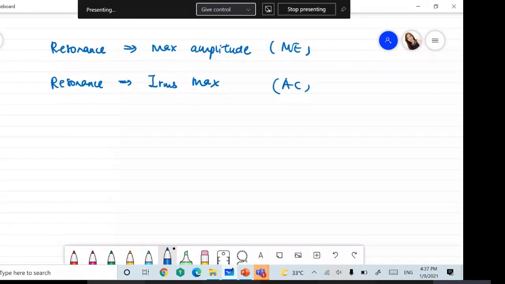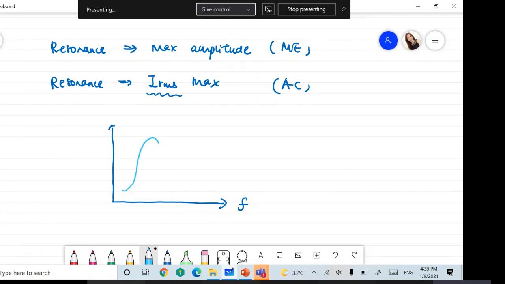If you make a comparison, let's say I'm referring to a graph of current versus frequency, you'll find that the root mean square current in an AC circuit will actually vary. It will not be fixed at one value, but will vary with frequency in this form.